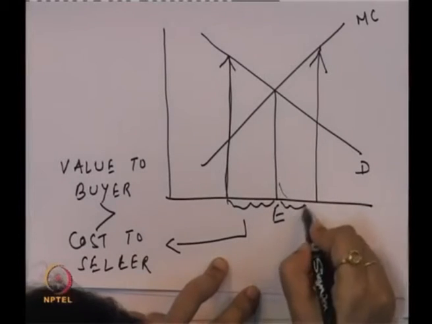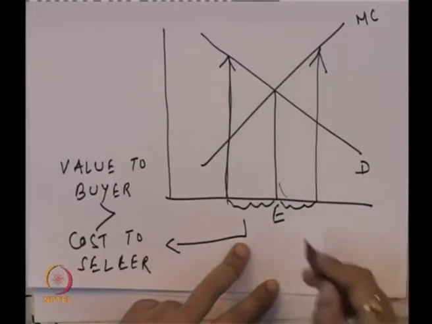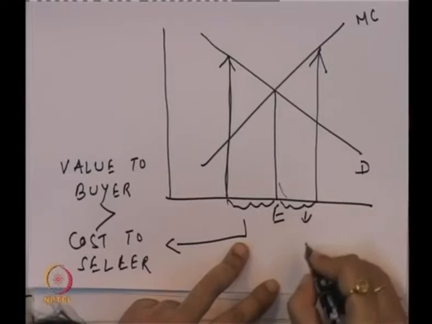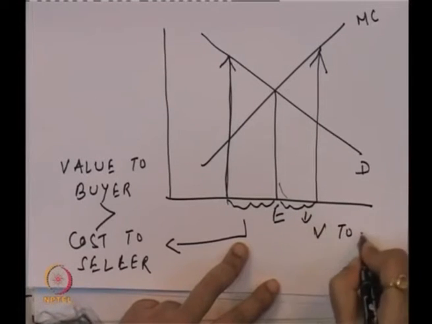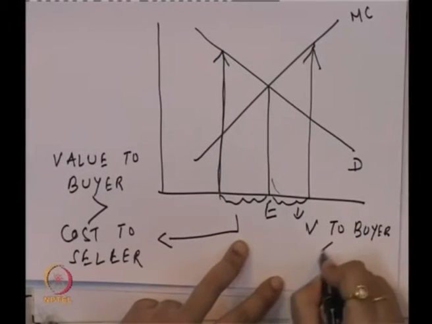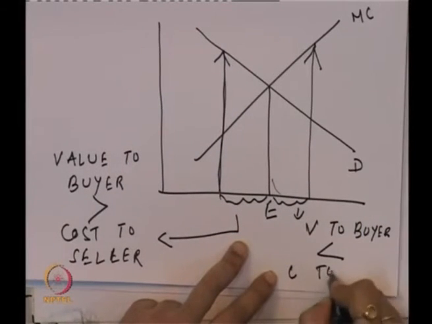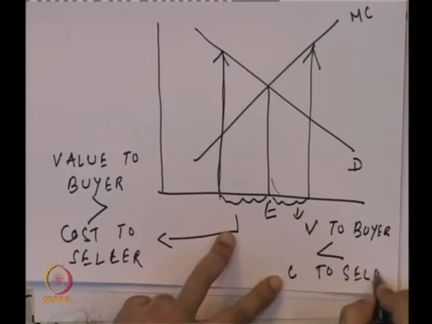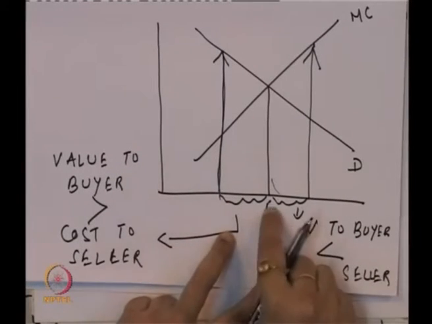And what happens in this segment? In this segment, the value to buyer is less than cost to seller. So, the efficient quantity is this.